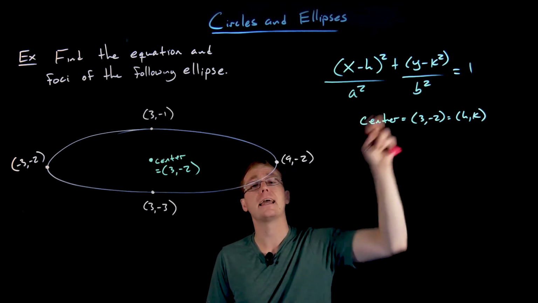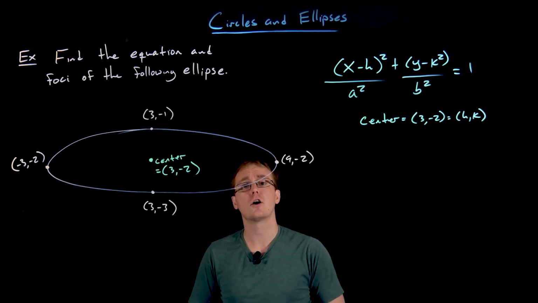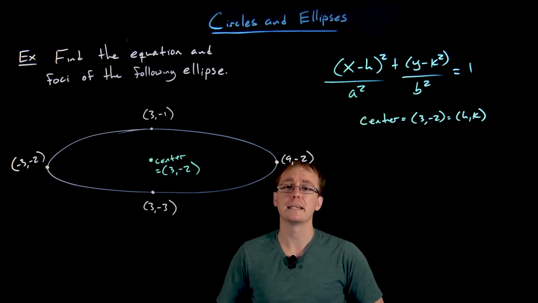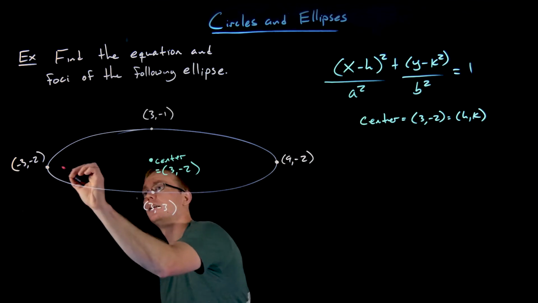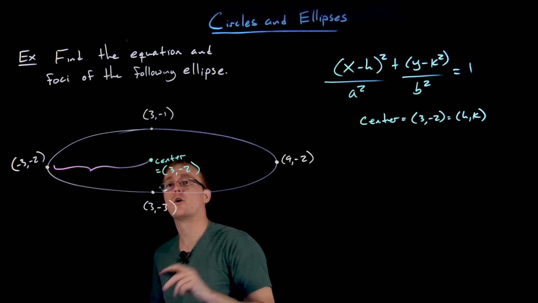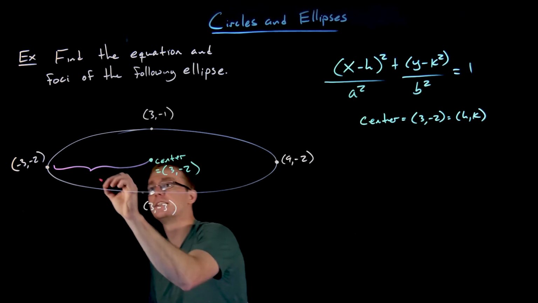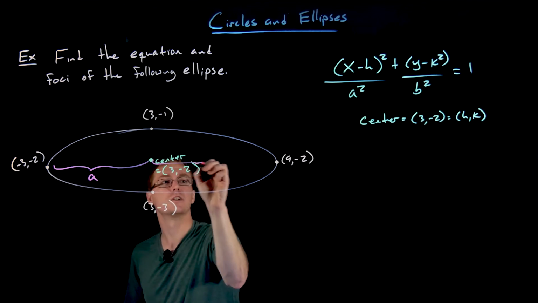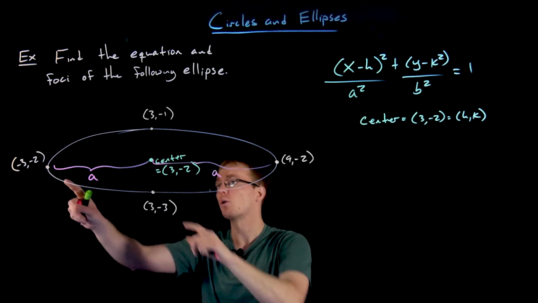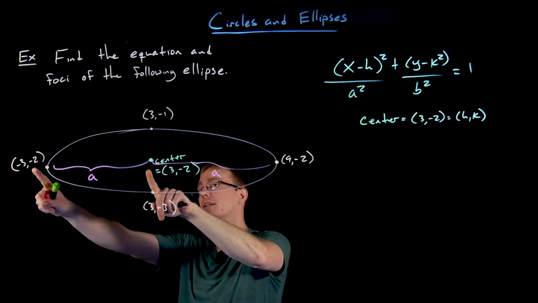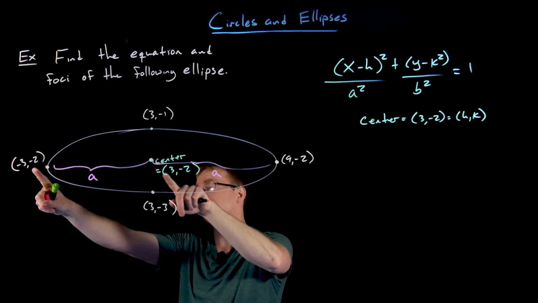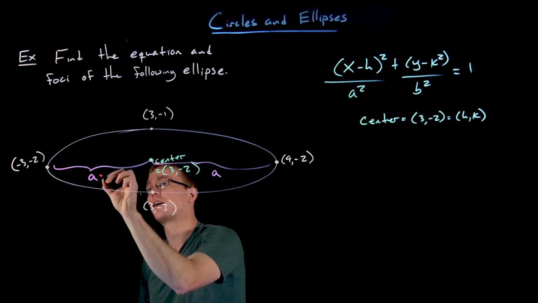Next, we need to find a and b. And remember, a and b are related to the length of our major and minor axes. How far we have to go from the center to one of the vertices on our major axis is a. And so we could go in either direction there. So this horizontal distance between (-3, -2) and (3, -2), our center point, that is our a value.